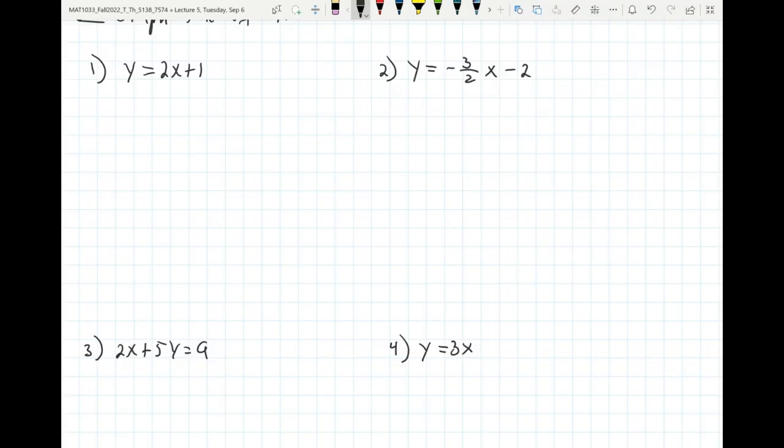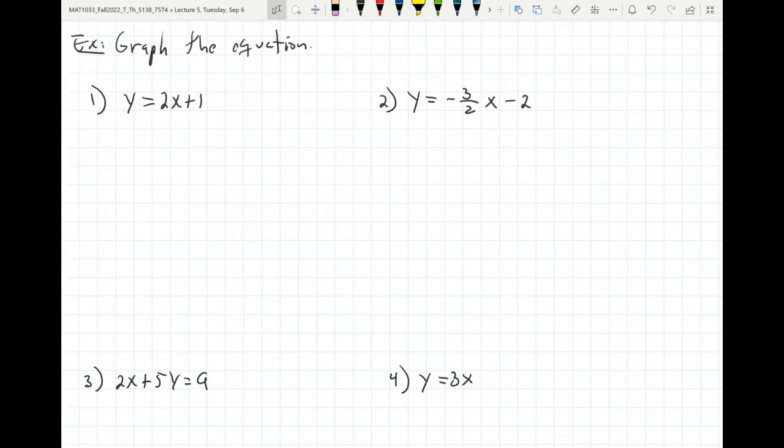At least 2 points. So that's what we need to do, right? Find 2 solutions. You already know how to find solutions. Plot them and draw your line. Okay? So this is not supposed to be hard. This is very straightforward. You just need to find solutions. Now, nobody's going to tell you what x to pick. That's your job. My advice: pick small x's so that you can get nice points.